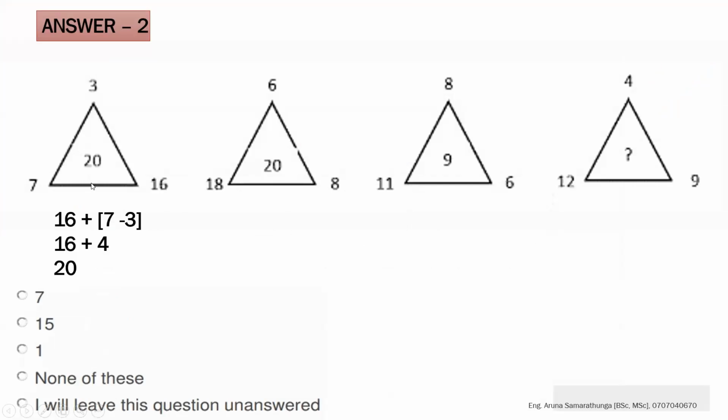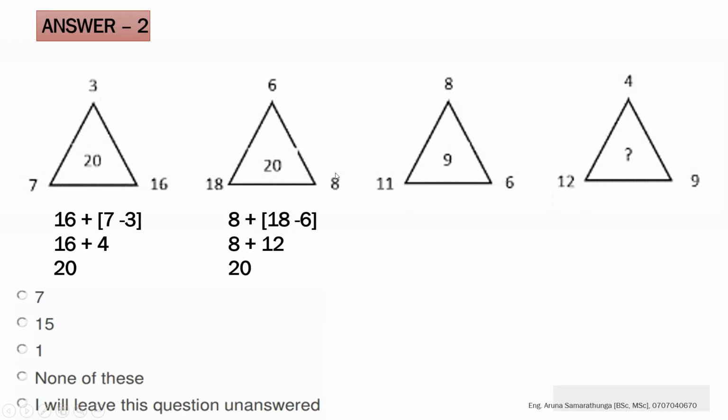If we subtract 7 from 3 and add it to this 16, it will become 20. If we do the same thing here, take this 8 and 18, subtract 6 from 18, it will become 12.